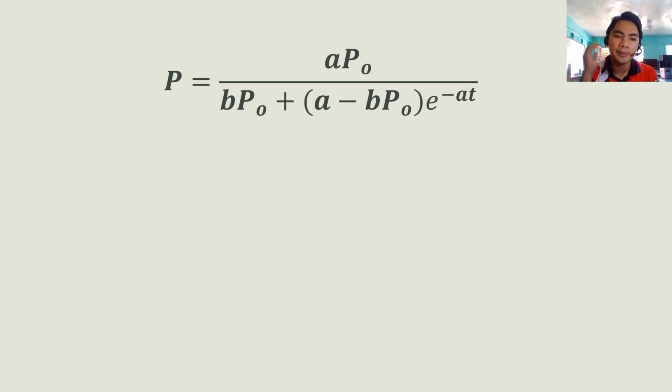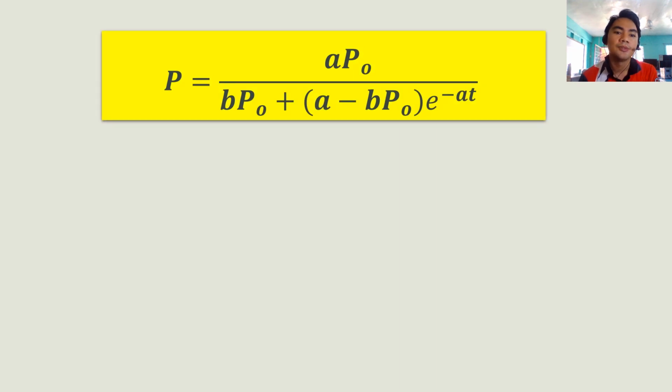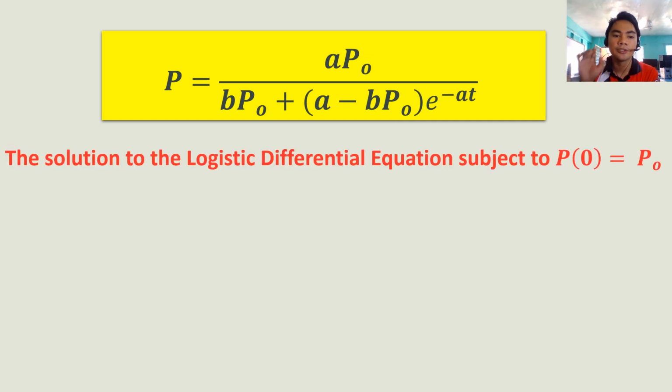So the solution of our logistic equation is this. P is equal to A times P sub 0 all over B P sub 0 plus quantity of A minus B P sub 0 times e raised to negative at. This is the solution of the logistic equation subject to P of 0 is equal to P sub 0, or the initial population.